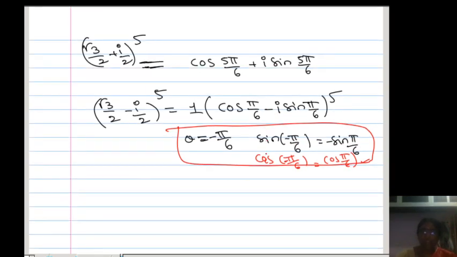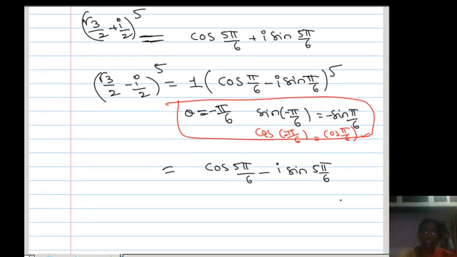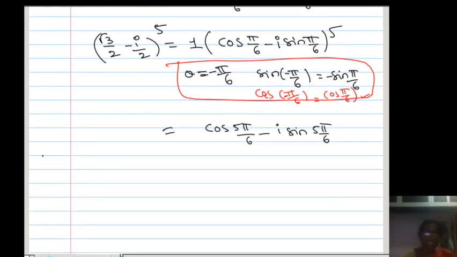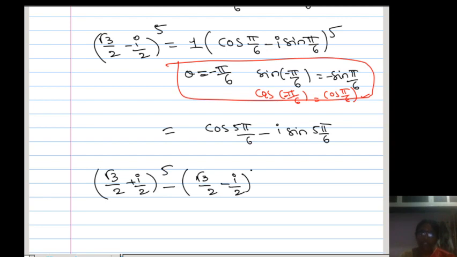Okay. So finally what I got, the simplification of this: 1 power 5 is 1, cos 5π/6 minus i sin 5π/6. Okay. So this is the simplification, but I am subtracting. So what is required to find? I have to find (√3/2 + i/2) power 5 minus (√3/2 − i/2) power 5.